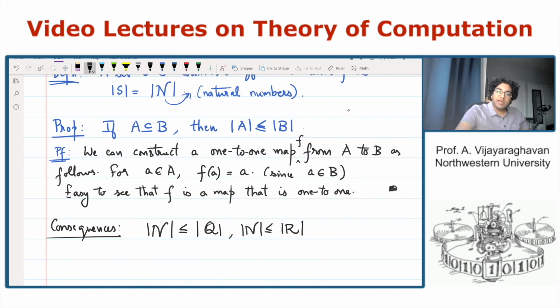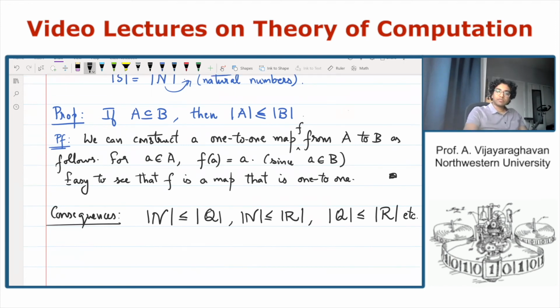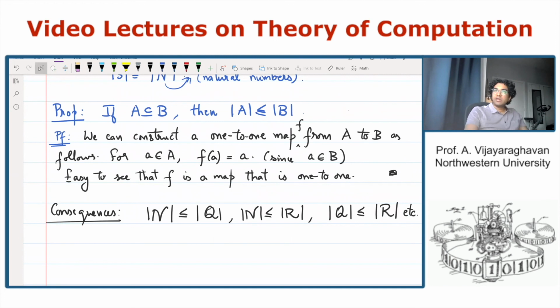Similarly, the cardinality of rational numbers is less than or equal to the cardinality of real numbers, etc. There are many such simple consequences. So if one set is a subset of another, then the first set has cardinality that is certainly at most the cardinality of the second set.